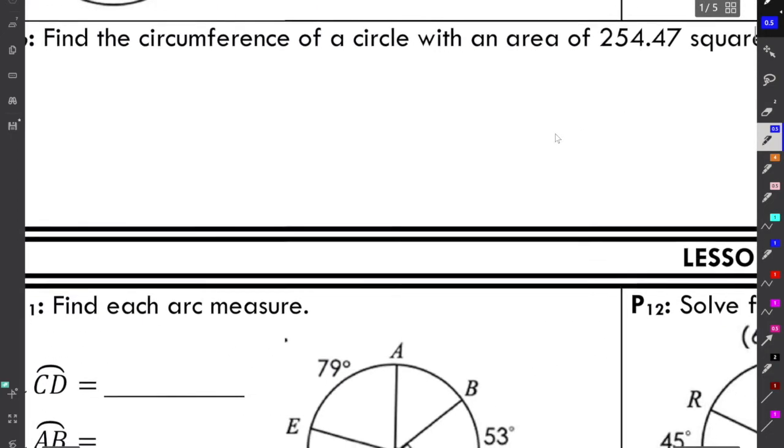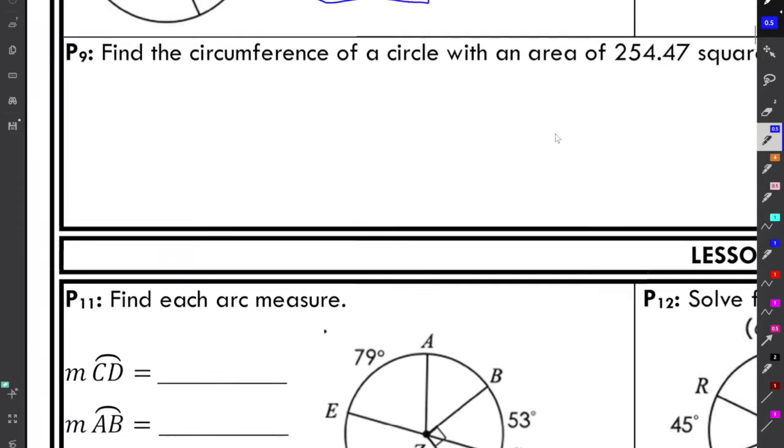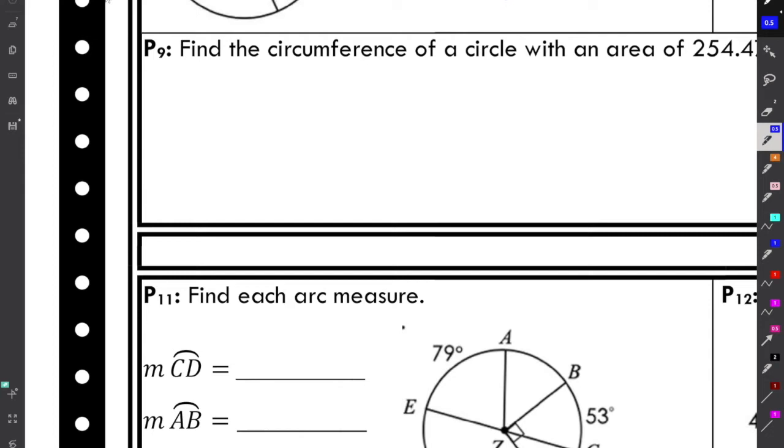Number 9. Find the circumference of a circle with an area of 254.47 square inches. Let's find the radius. Pi r squared is equal to 254.47. Divide both sides by pi. R squared comes out to 81 after you round. Square root on both sides. R is 9 inches.